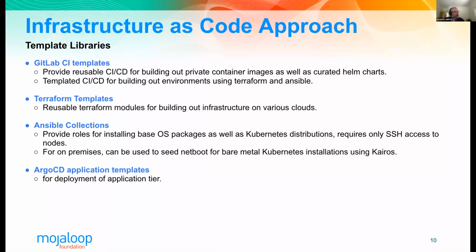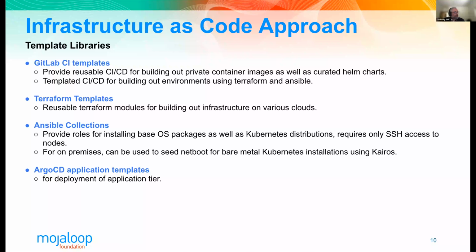And then there's Ansible collections, and those provide the roles for building out the nodes, both for the control plane as well as for the Kubernetes nodes, and the bastions, and essentially the components that will be talking to each other over the VPN as well as over the internet.